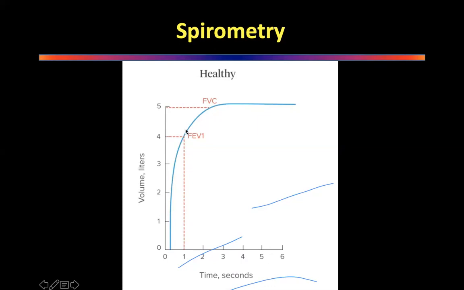As you follow the curve, the topmost part of the curve before it flattens is the forced vital capacity. So this is FEV1 and FVC. Just draw this at the moment, and we'll go through each one of them, and I'll show you how it changes with different diseases. So please draw this. This is the most basic diagram. You should be able to draw this in an exam if I give you a piece of paper.